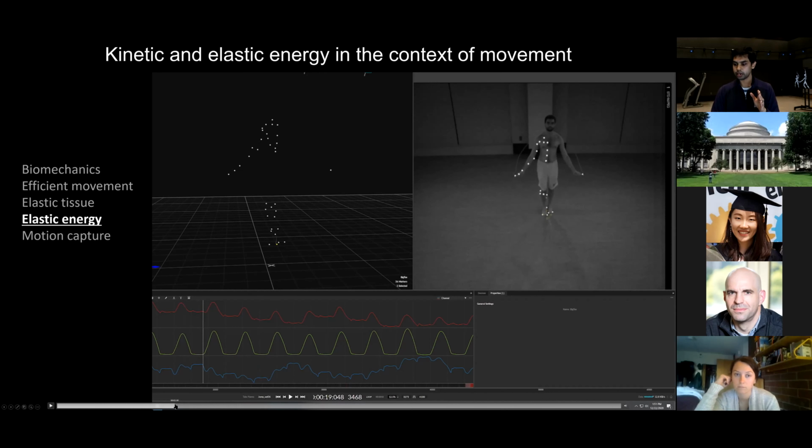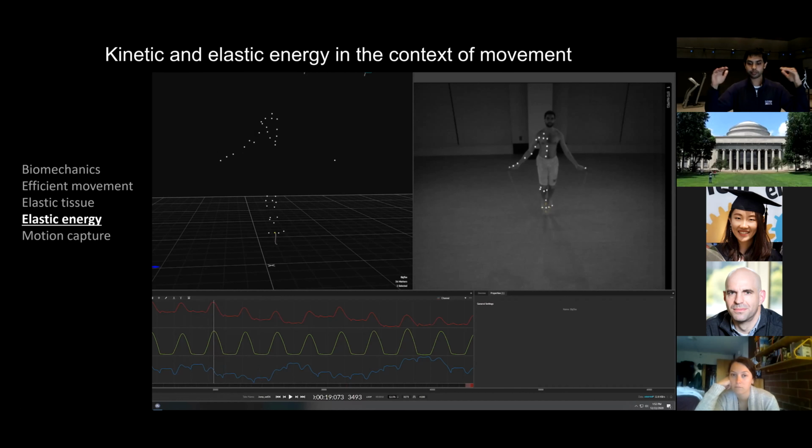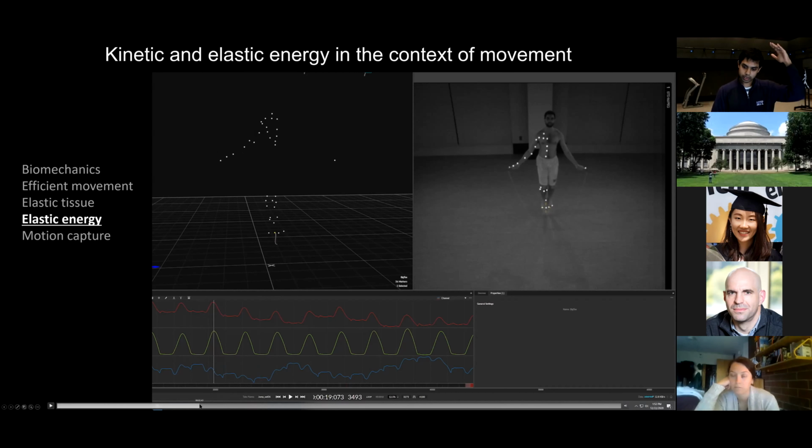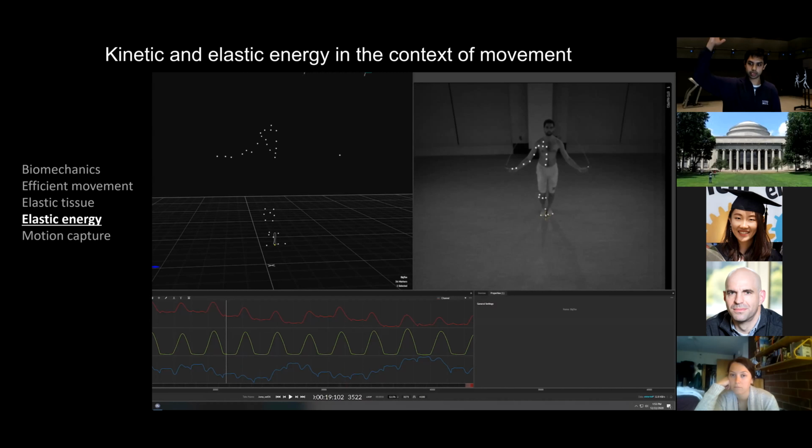Now I'm up in the air somewhere here, right? And there is a moment of pause, right? At that moment of pause, there is very little kinetic energy in my body. The kinetic energy, meaning just from me moving, is maximum just before I touch down. The moment I touch down, I slow down very quickly and my center comes to a stop, and then I take off again, right?